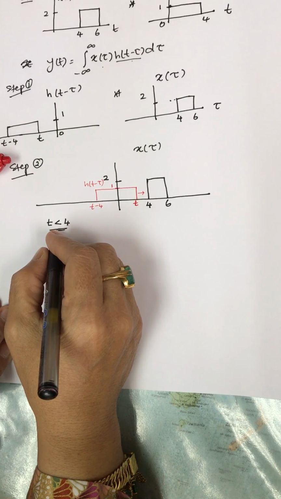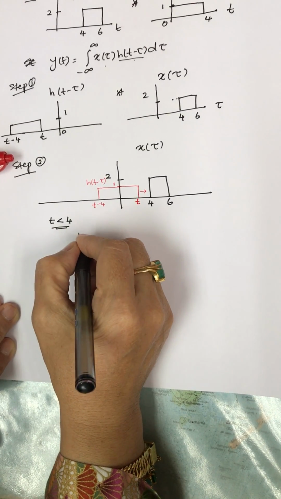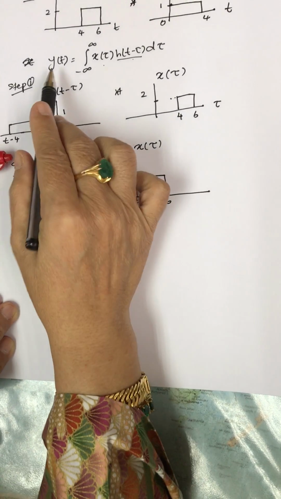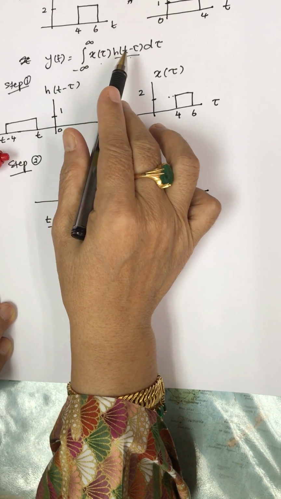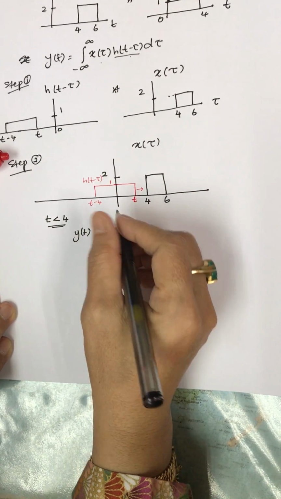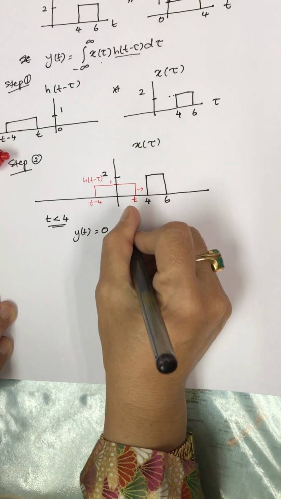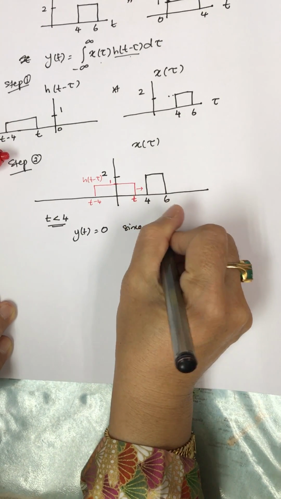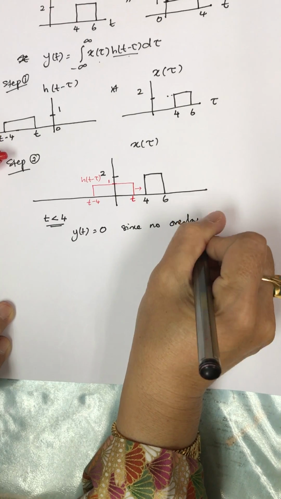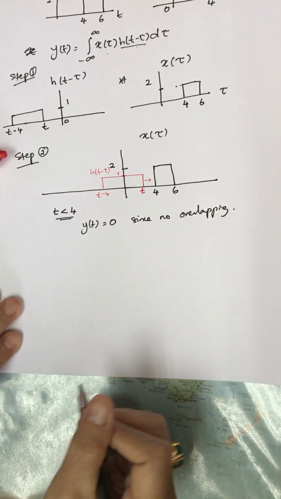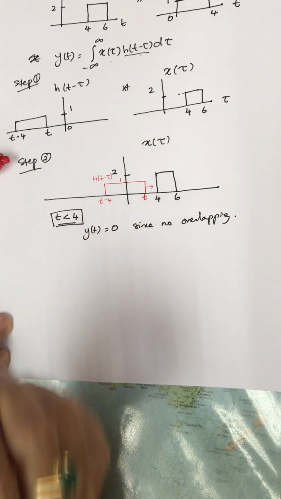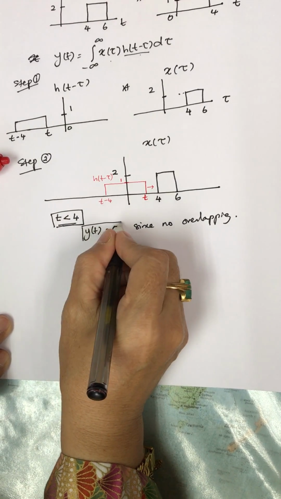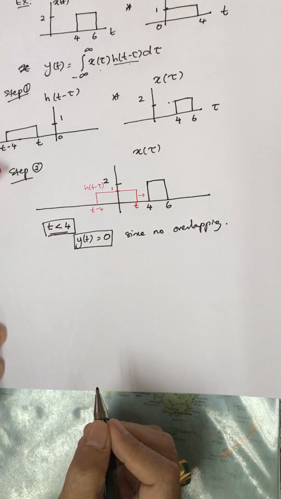So for t less than 4, y of t, which is the convolution between x of t and h of t minus tau, gives you 0 since there is no overlapping. Okay. You need to inform the limit, and then you need to inform that the result of the convolution is 0.